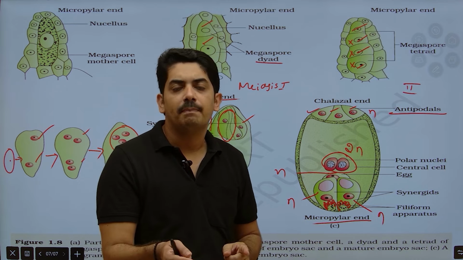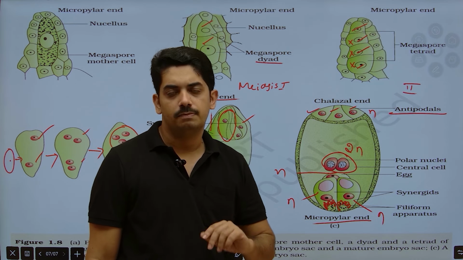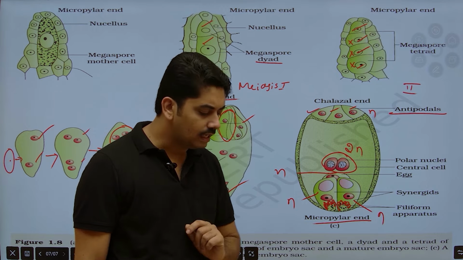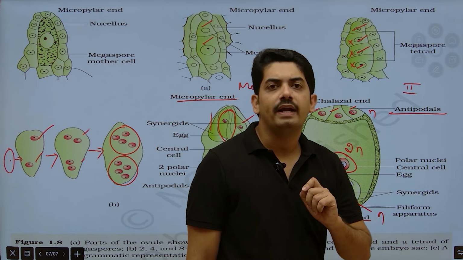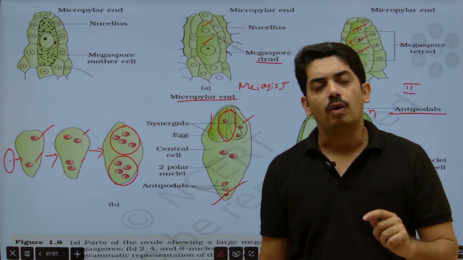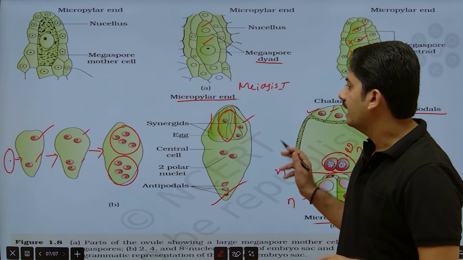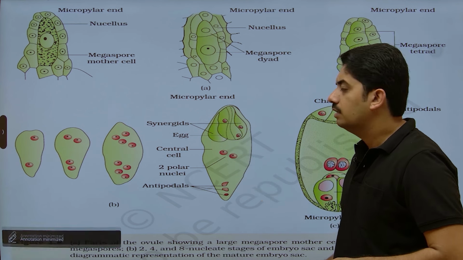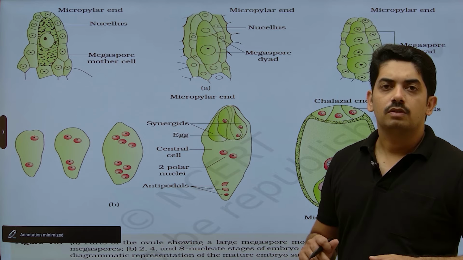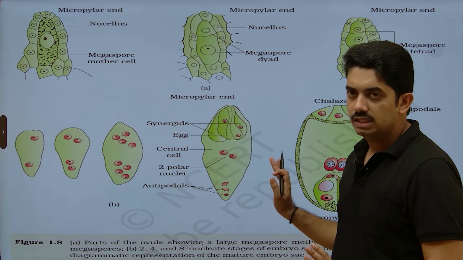Diploid plus haploid will form a triploid structure that will become the endosperm. So whenever the question comes, what is the ploidy of the endosperm? It is triploid. What is the ploidy of the polar nuclei? It is diploid. So you can expect many questions related to the ploidy of the cells from this concept.